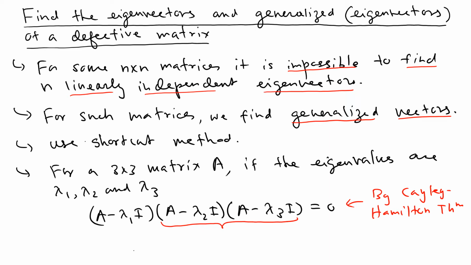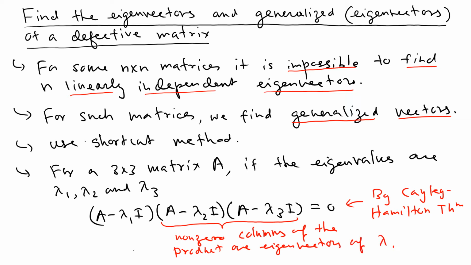So the non-zero columns of the product, if you multiply these two, you again get a 3 by 3 matrix, are eigenvectors of lambda 1.